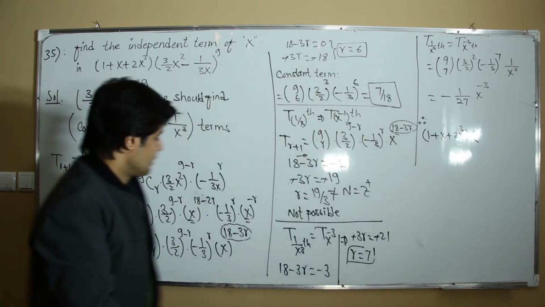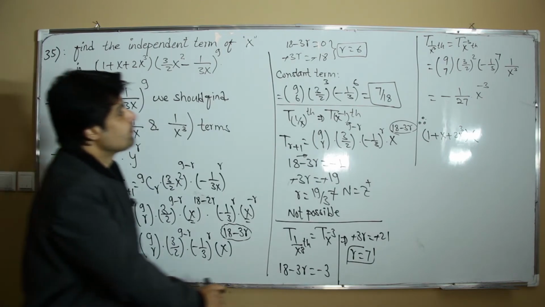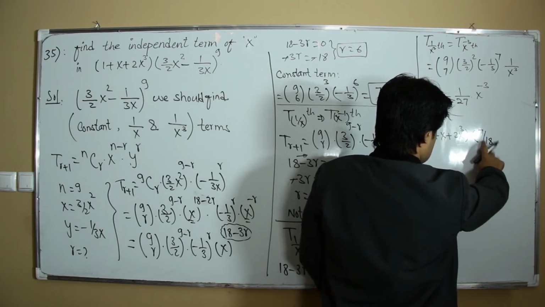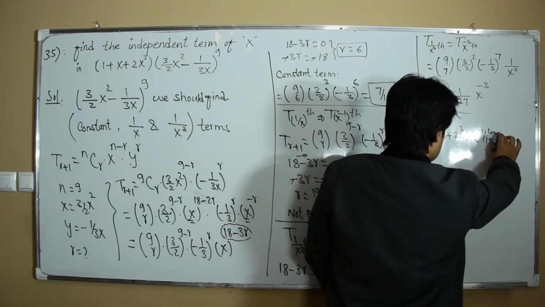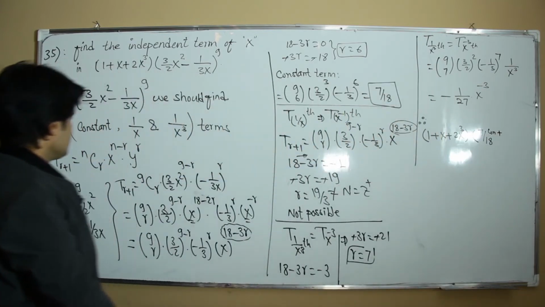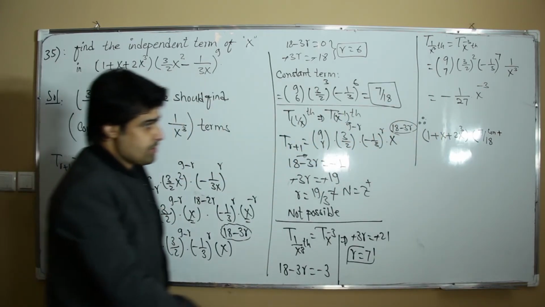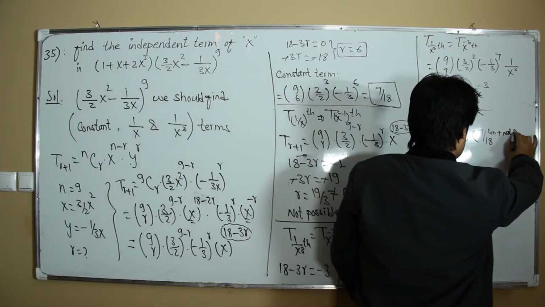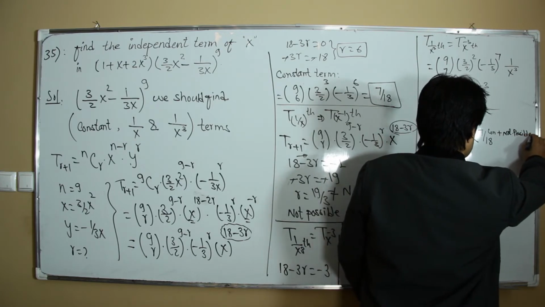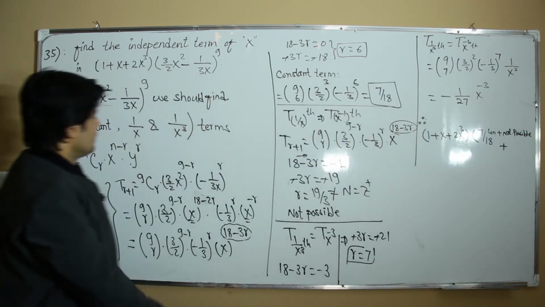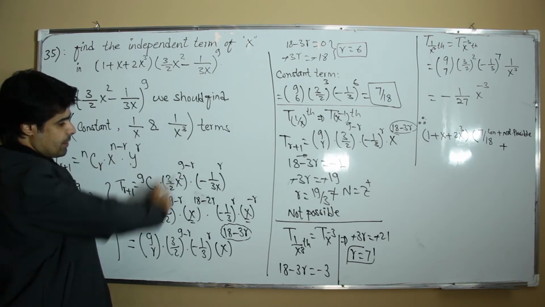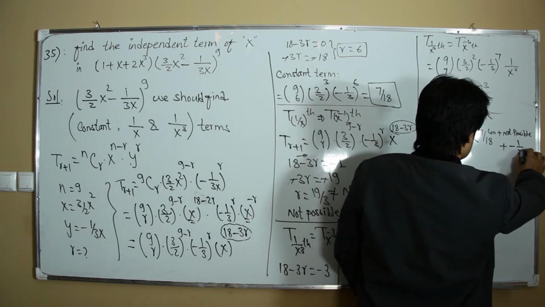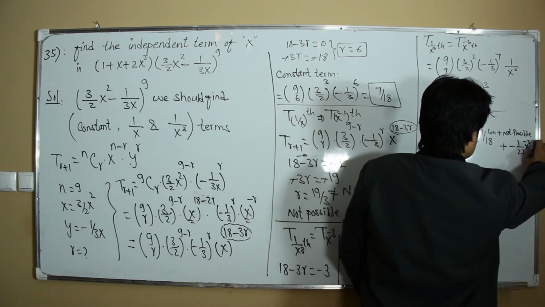The second bracket, the constant term is 7 divided by 18. This is the constant one. Plus the 1 divided by x term is not possible. Plus, and the 1 divided by x cubed term is minus 1 divided by 27, x to the power minus 3.